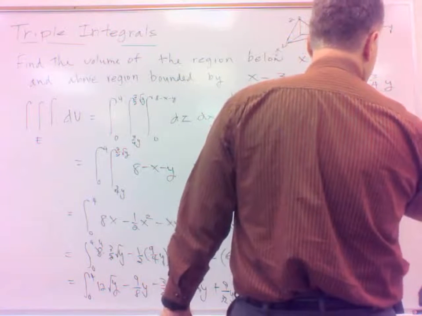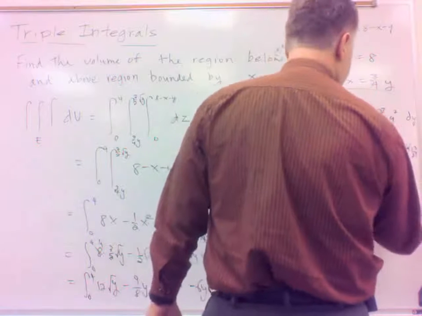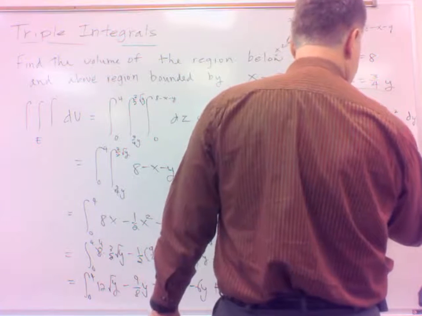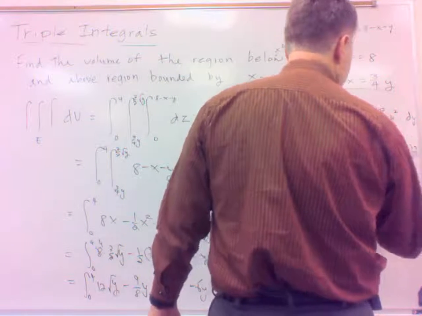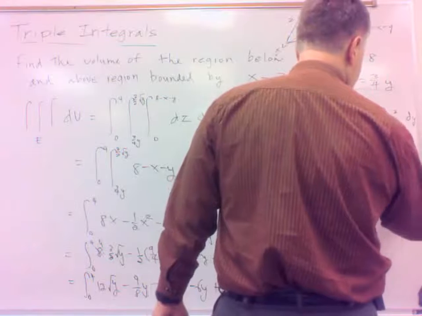That'll be 33 over 32 y cubed, so that'll be 11 over 32 times 64. Oh, that's another thing. I should have been in plus there. So that would be plus 22.